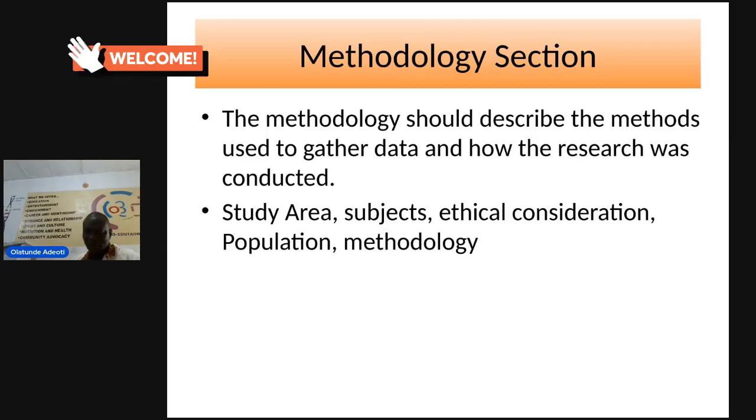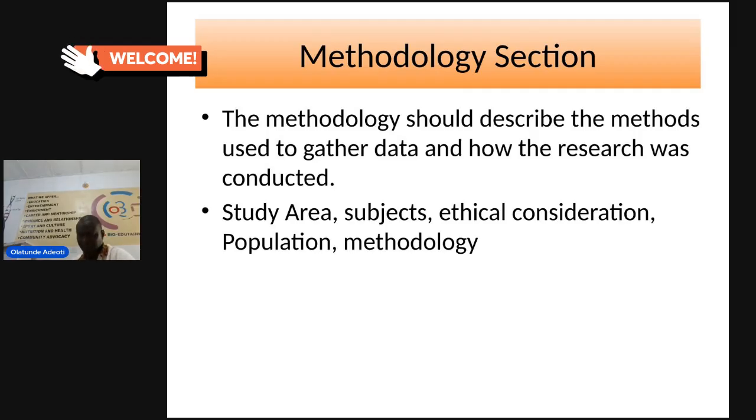For example, some of you that will be working in the laboratory, you should make sure that before or after your laboratory work, you start cleaning up so that you will not introduce hazard to others. Protect yourself, and you should be able to protect others as well. What will come under ethical consideration, we are going to look at it at some other time.